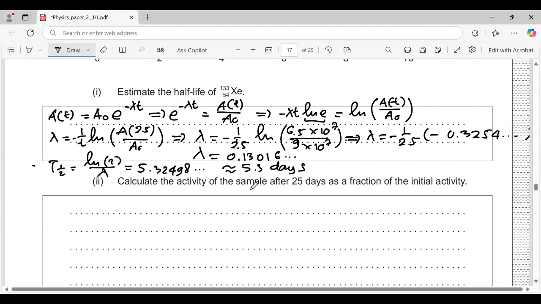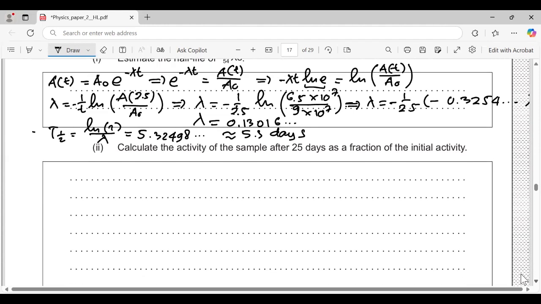Calculate the activity of the sample after 25 days as a fraction of the initial activity. So we need to find n first, that n equals 25 over 5.3, because the half-life is 5.3, and it equals 4.7 half-lives.